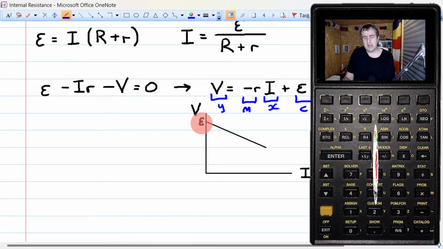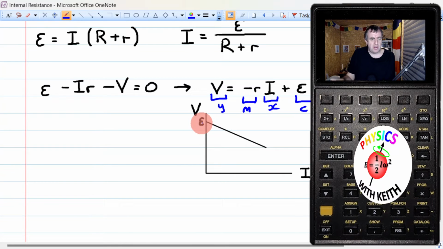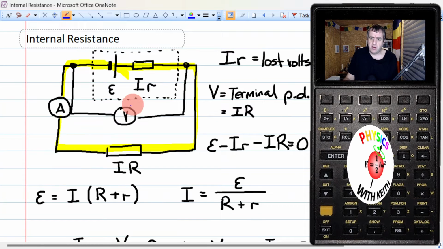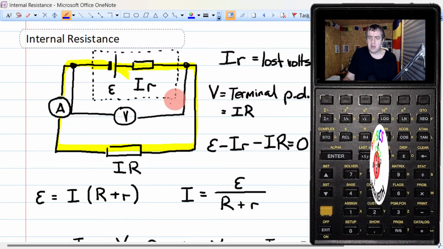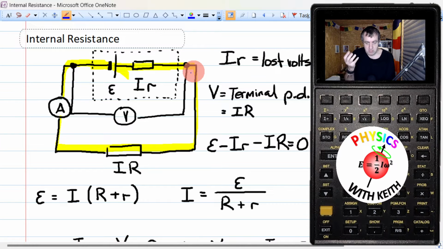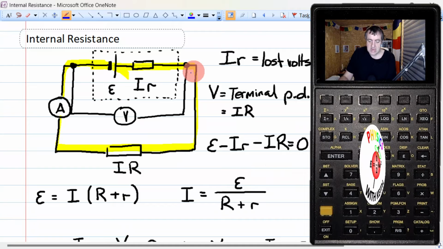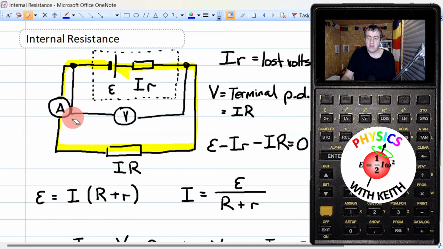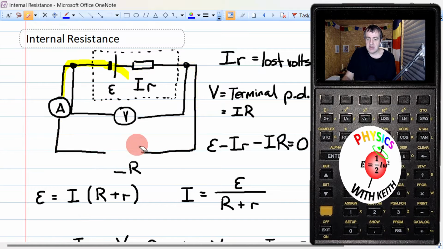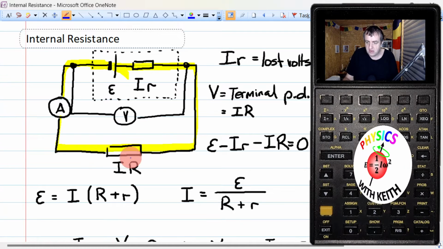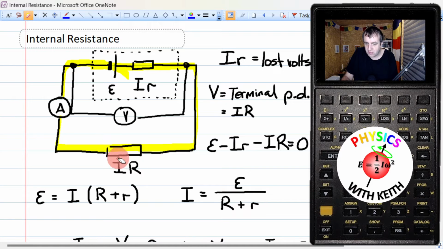Right, how about measuring what epsilon is? If there's no current flowing through our voltmeter, we just connect a voltmeter directly across the power supply, then surely the measurement on the voltmeter is just the terminal potential difference, which is just the EMF. If I didn't have that resistor there, so it was a broken circuit, an open circuit, let's just try and do a better job of erasing it.